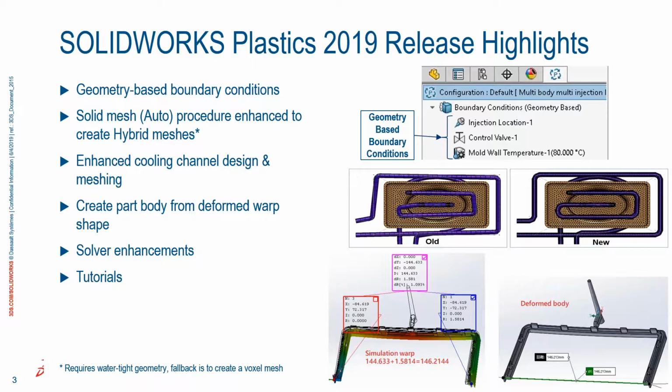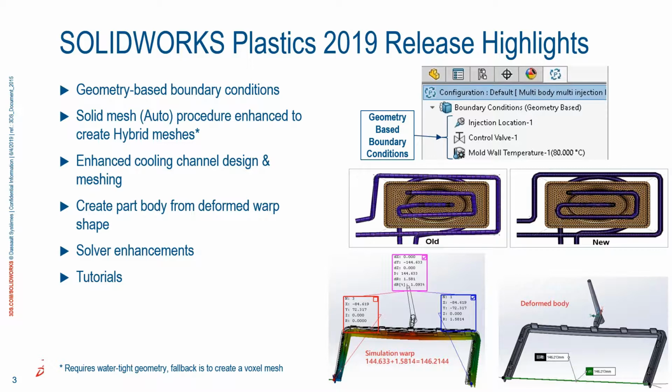In 2019, we also added some enhancements that allow you to design more complex cooling line layouts. For example, we can now handle conformal cooling line layouts, which are becoming more and more commonplace due to the advances in metal 3D printing. Another unique thing we get from being embedded in the CAD system is that we can take the warpage results that I just mentioned from SolidWorks Plastics Premium and export them.